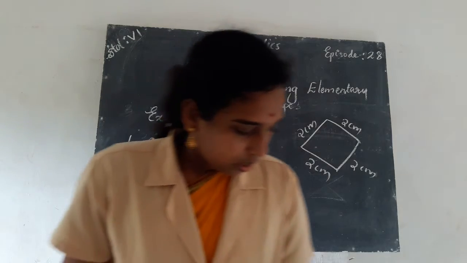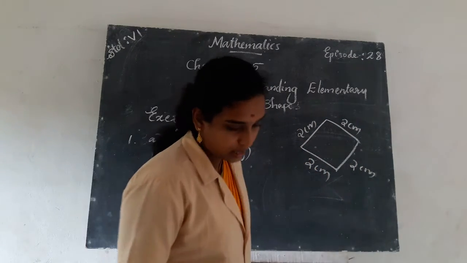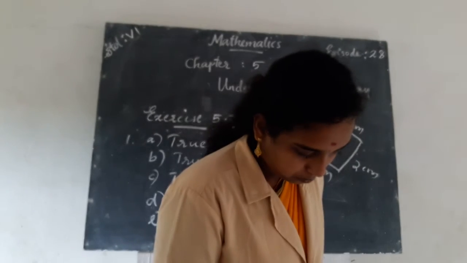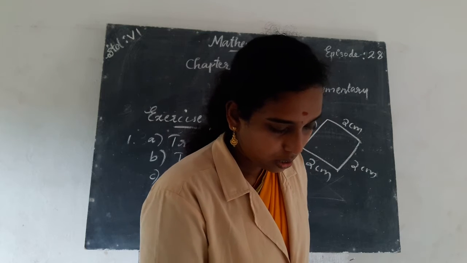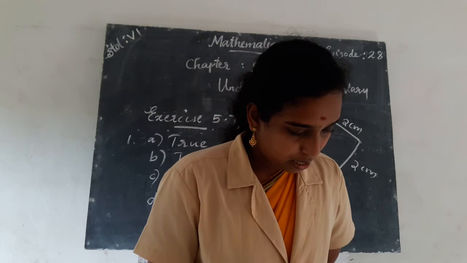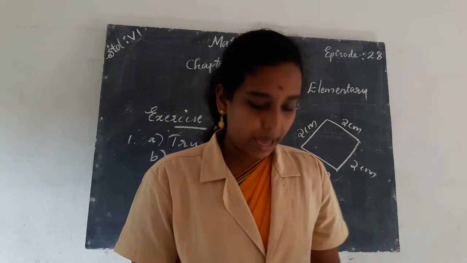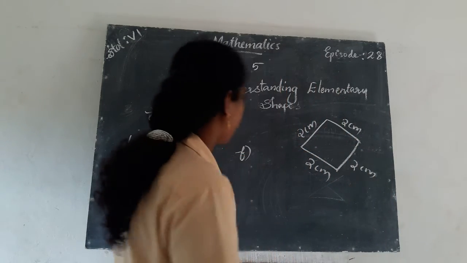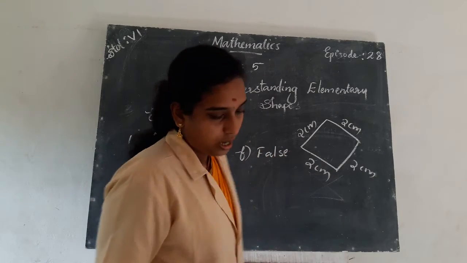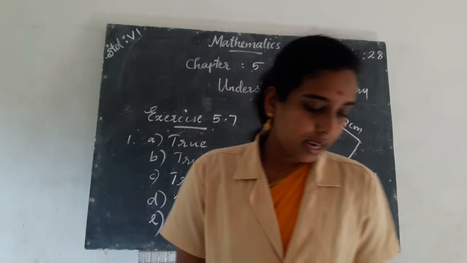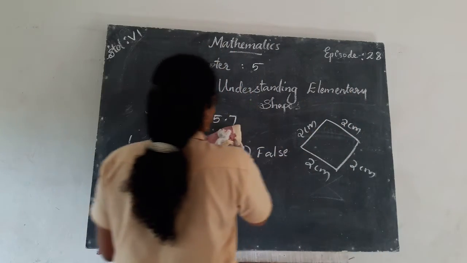F. The opposite sides of a trapezium are parallel. If you draw a trapezium, any two sides of the trapezium are parallel. So the statement is false. Okay. Trapezium means a quadrilateral in which two sides are parallel. Two sides are parallel.